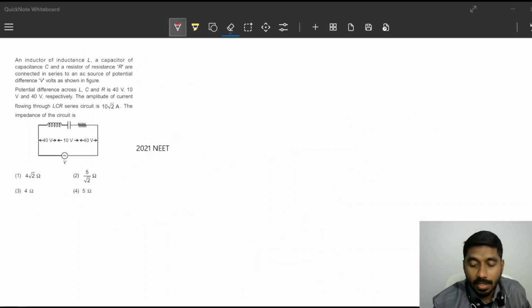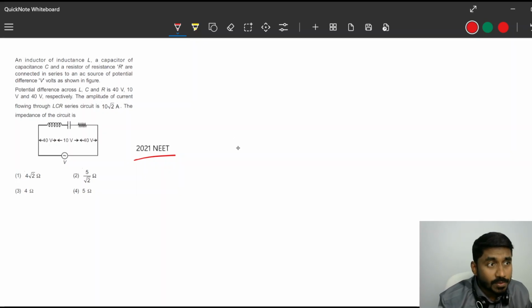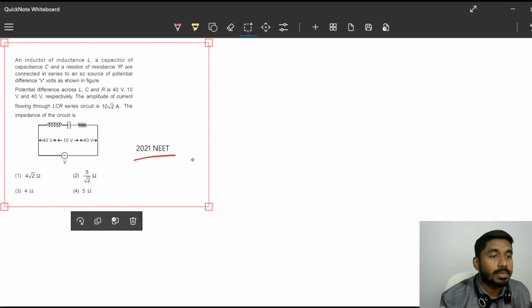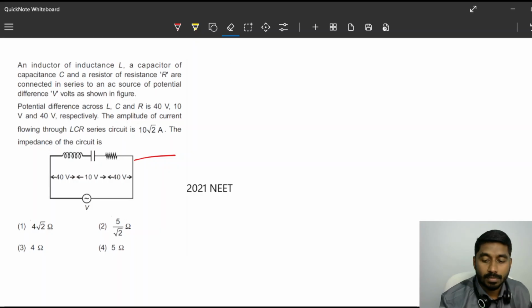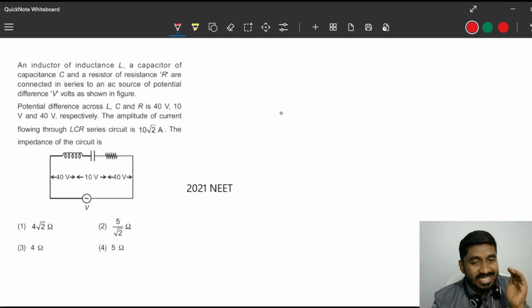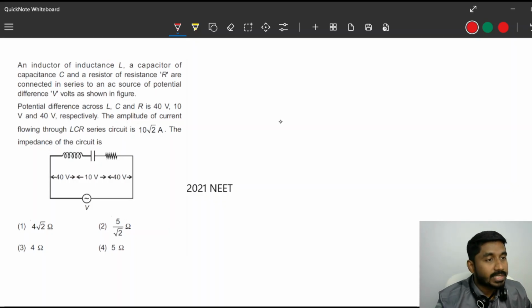Now we are going to a very good question, 2021 NEET. An inductor of inductance L, a capacitor and a resistor are connected in series to an AC source of potential difference. An LCR circuit is connected to a voltage.